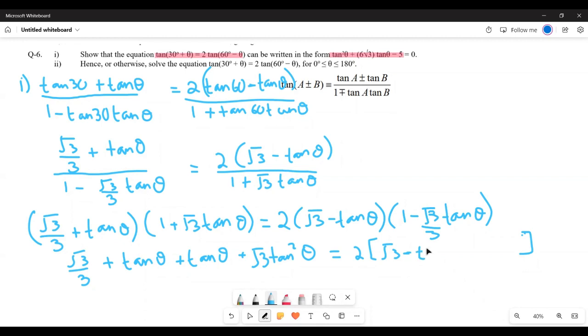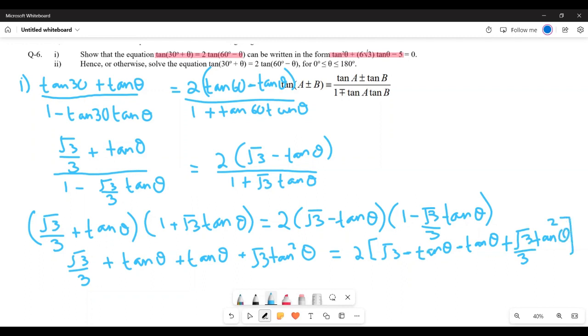So minus tan theta, another minus tan theta, and plus square root of 3 upon 3 tan square theta.